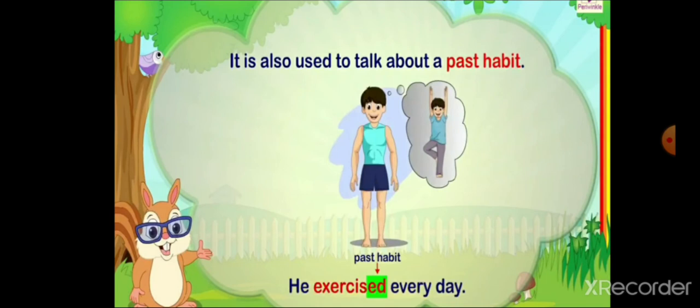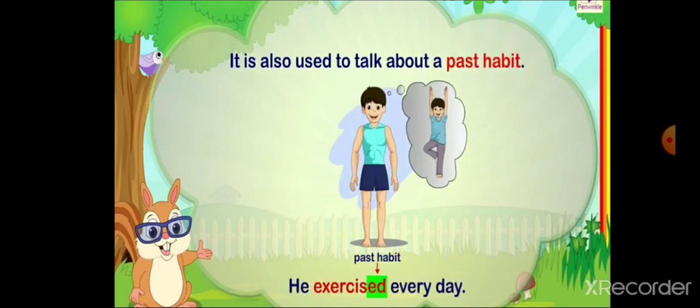It is also used to talk about a past habit. Means simple past tense is used to talk about the past habit. Like he exercised every day. Means in this sentence the action is performed in the past and it is the habit that he exercised every day.